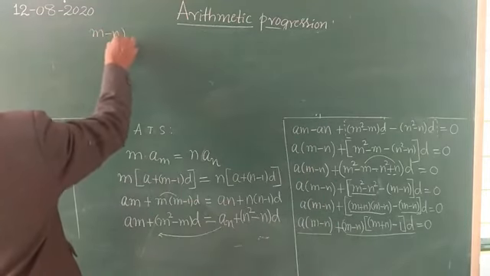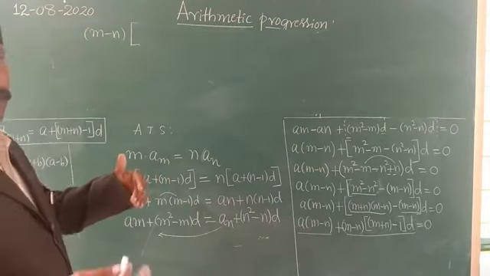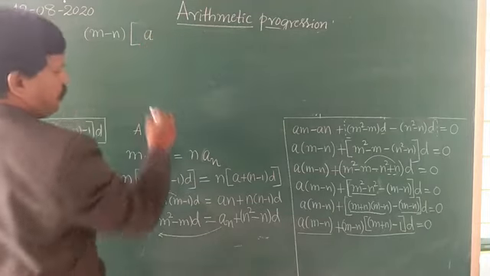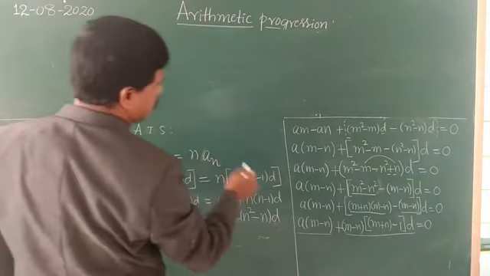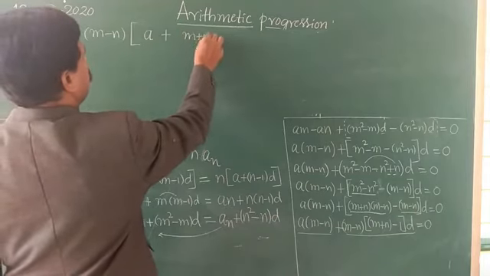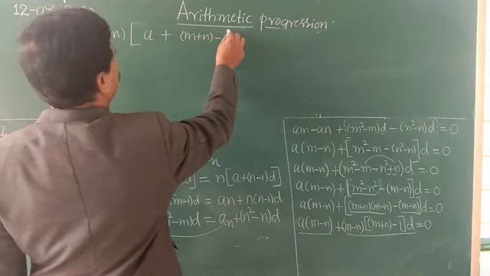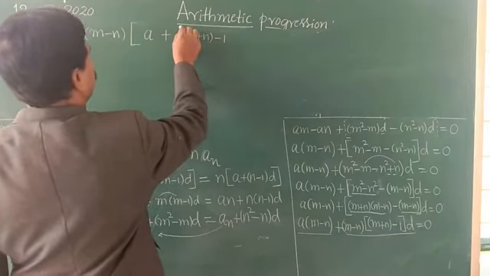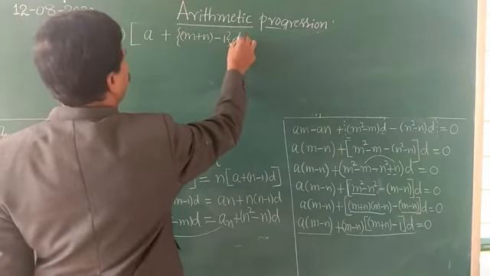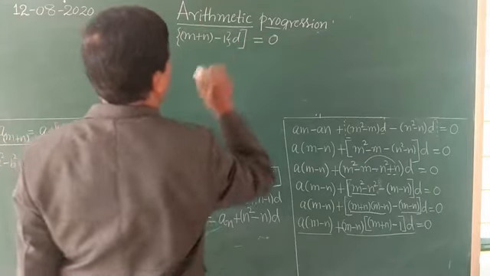So when you take the common, in the big bracket left out is a in this term, plus the bracket m plus n minus 1. Here is a, I am writing the bracket, into d, close this, is equal to 0.